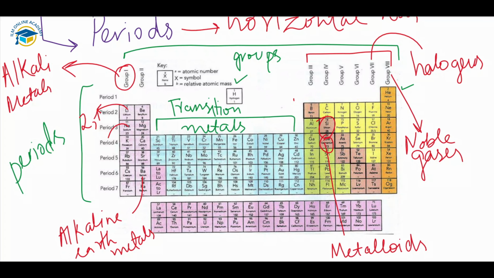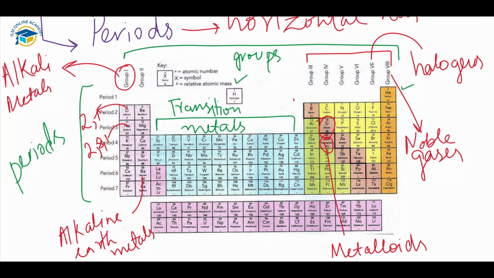Sodium has 11 electrons: 2 in the first, 8 in the second, and just 1 in the third. So all group 1 elements have 1 outer electron. Group 2 elements have 2 outer electrons, group 3 have 3, and group 4 have 4. So this can be applied up to group 4.